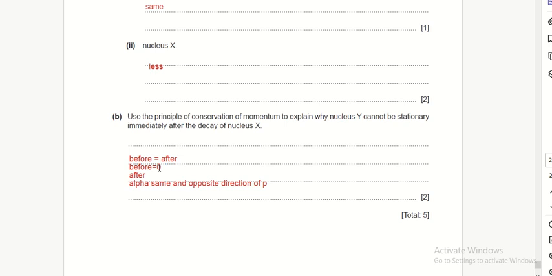After decay, the alpha particle goes in one direction with some momentum, so we should have the daughter nucleus Y in the other direction with the same value of momentum. We can certainly say that the velocity of alpha will be greater than that of Y because the mass of alpha is less than the mass of Y, and both momenta are equal and in opposite directions.